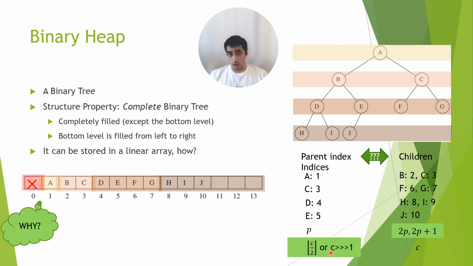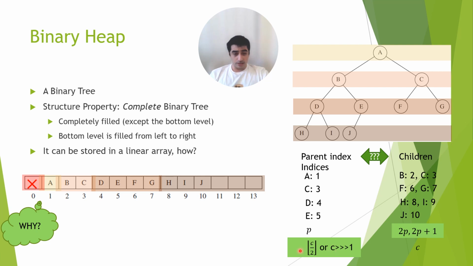So we don't need the complex binary search tree. Instead, we use this nice binary heap, which is a complete binary tree and can be stored in a normal array without any class like binary node, which refers to the left and right child using references.